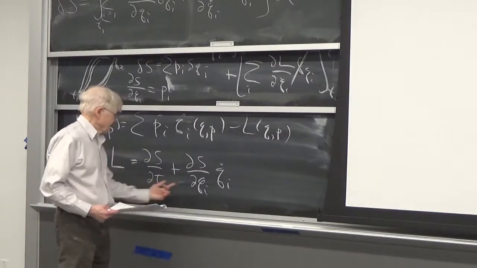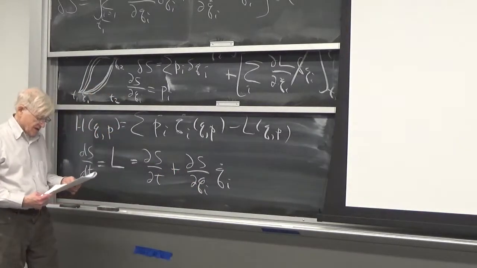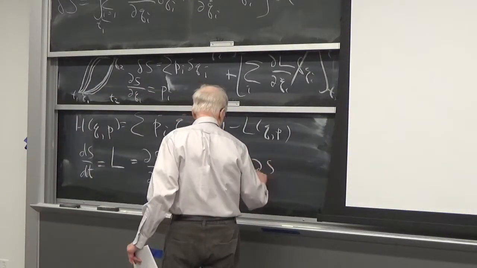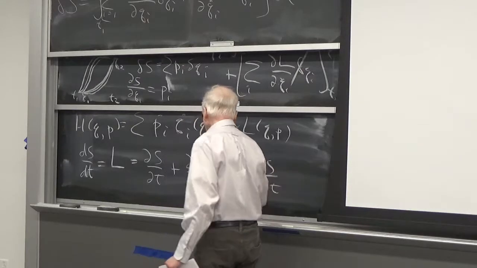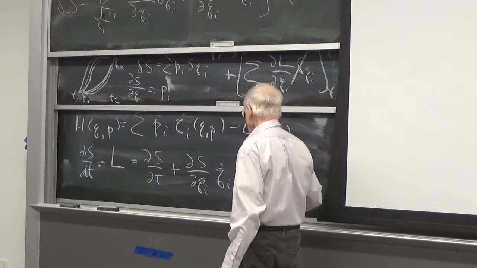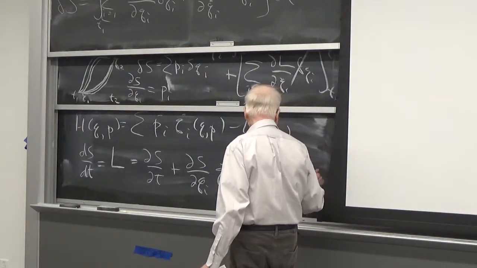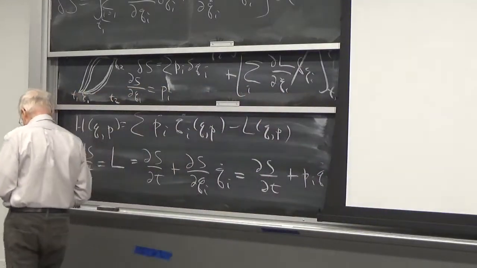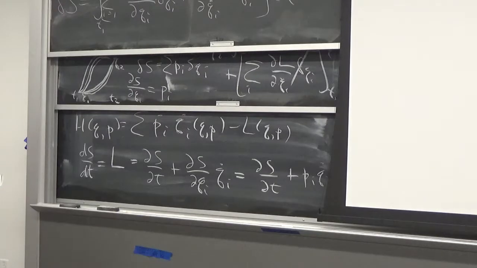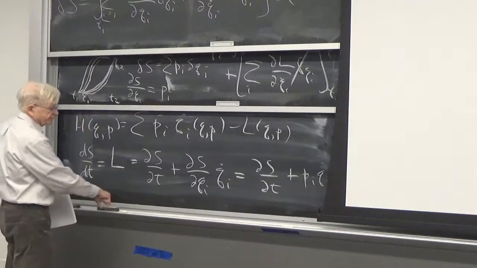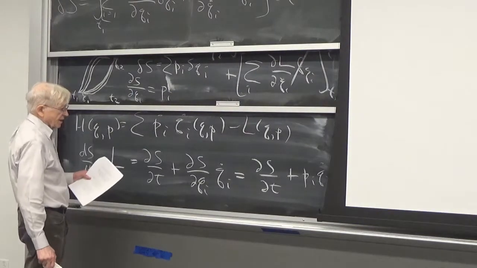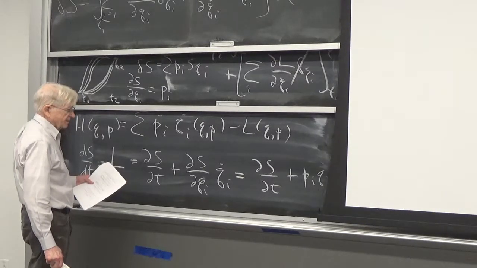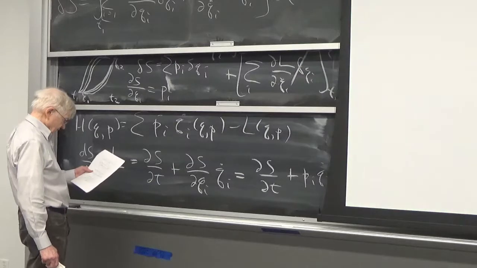So this is the time derivative of the action, and then we can rewrite this as partial S partial t. Partial S partial qi is pi, and I'm getting pi qi dot.